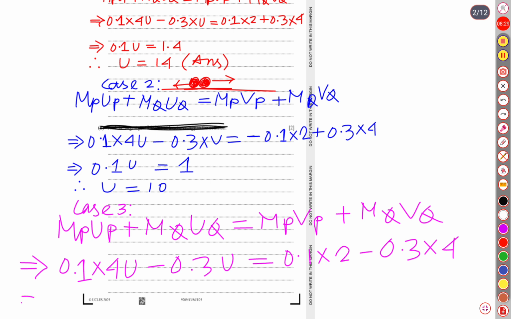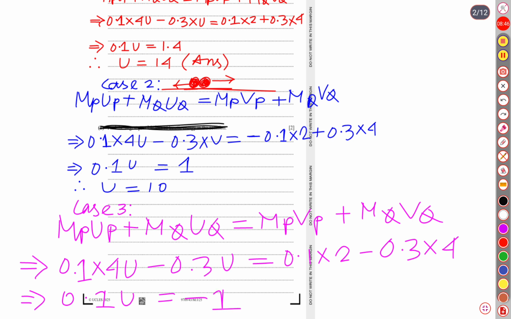So on the left side it's all the same, it is 0.1u. 0.1u is equal to, from 12 if we subtract 2 it is negative 1.